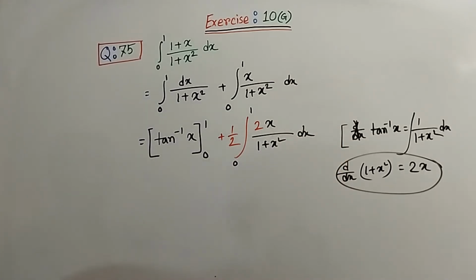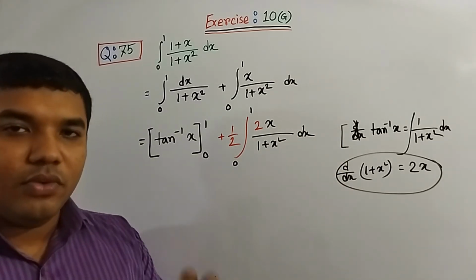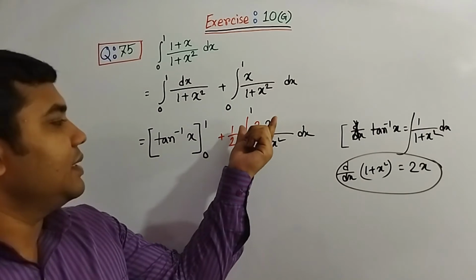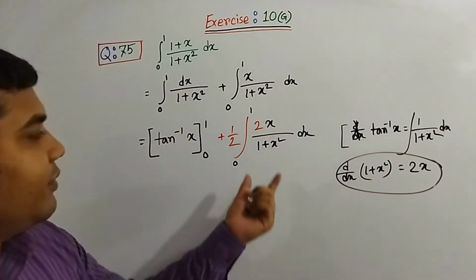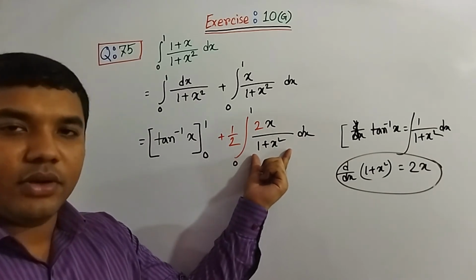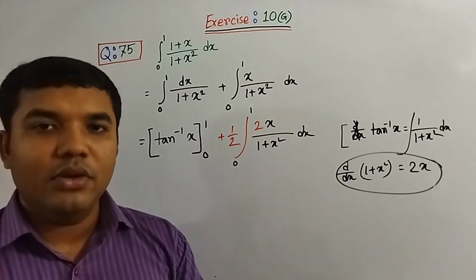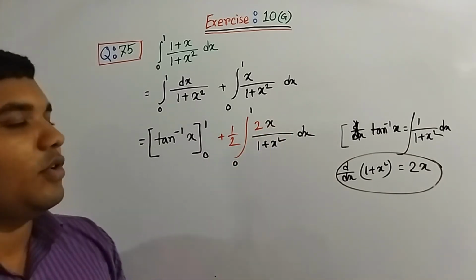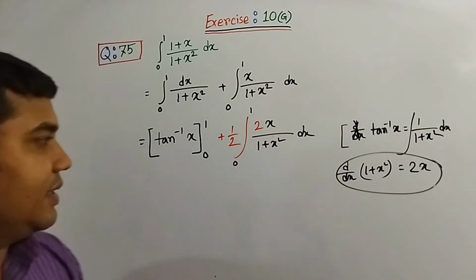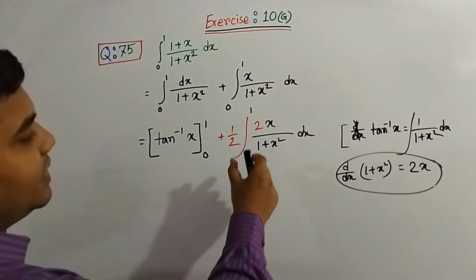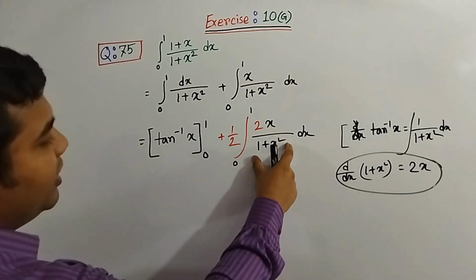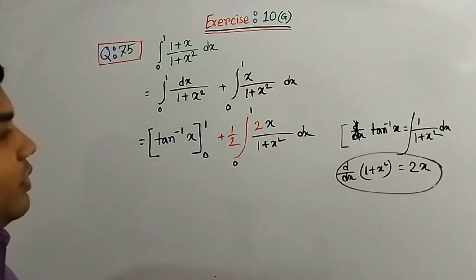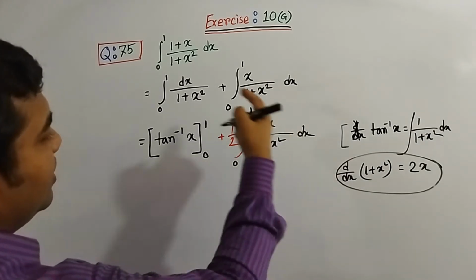What is happening here? We are trying to make the numerator the derivative of the denominator, so that if we differentiate this denominator, we get the numerator. So what is the benefit of it? Exactly, you can understand. We know that if we get the numerator after differentiating the denominator, then we can say it is ln of the denominator.